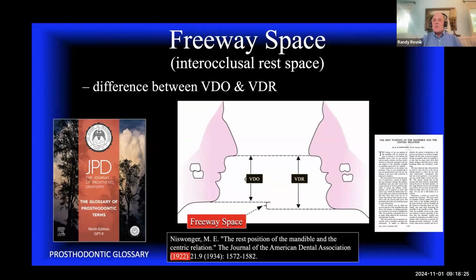You might hear freeway space. So what actually is freeway space? Some people call it the interocclusal rest space. It's basically the difference between vertical dimension of occlusion and vertical dimension of rest. So to determine freeway space, you have to determine the VDO and the VDR.